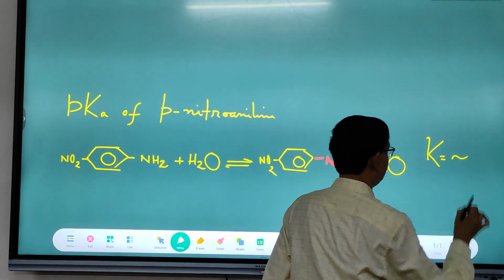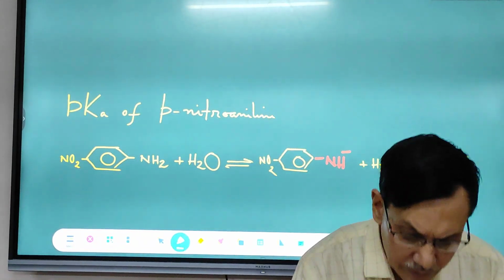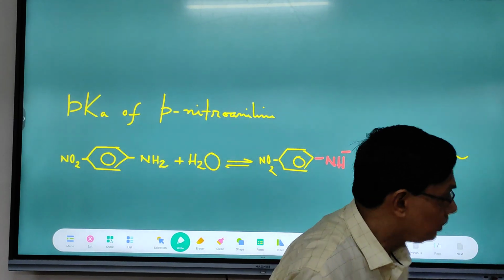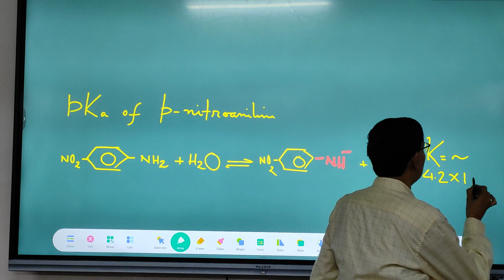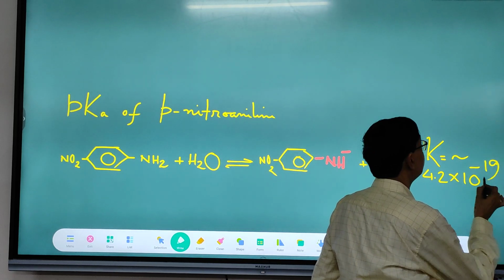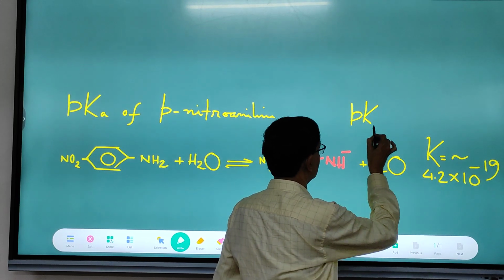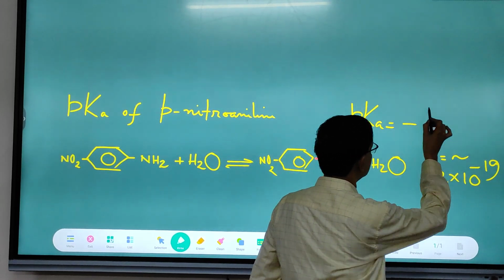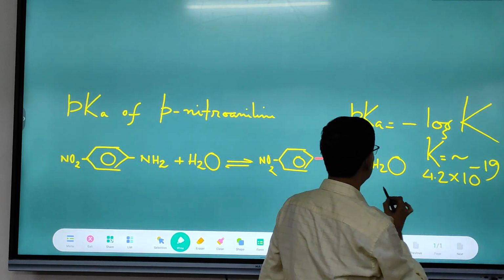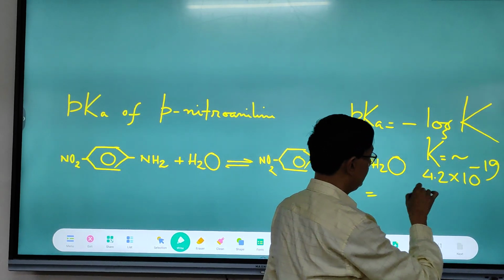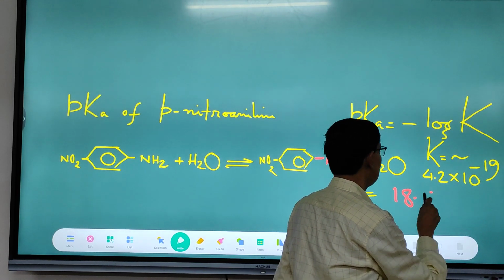it is a very low value. It is around 4.2 into 10 to the power minus 19. Can you imagine? And then if I calculate pK equal to minus log of K, you all know these things, it is around 18.4, approximately 18.16.